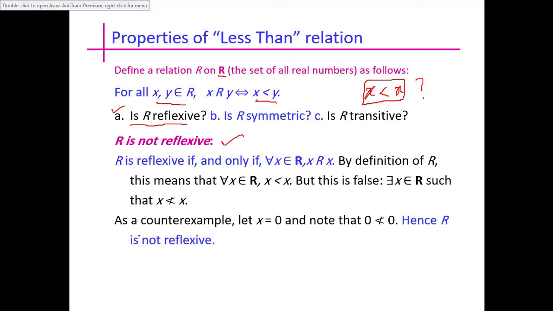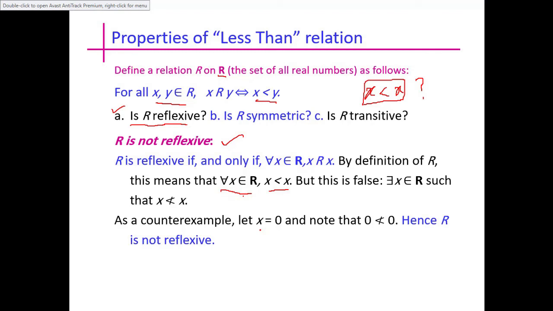We can also say that by the definition of reflexive, for all x belonging to R, x is less than x. But we can provide a counter example because we need to check it for all x.